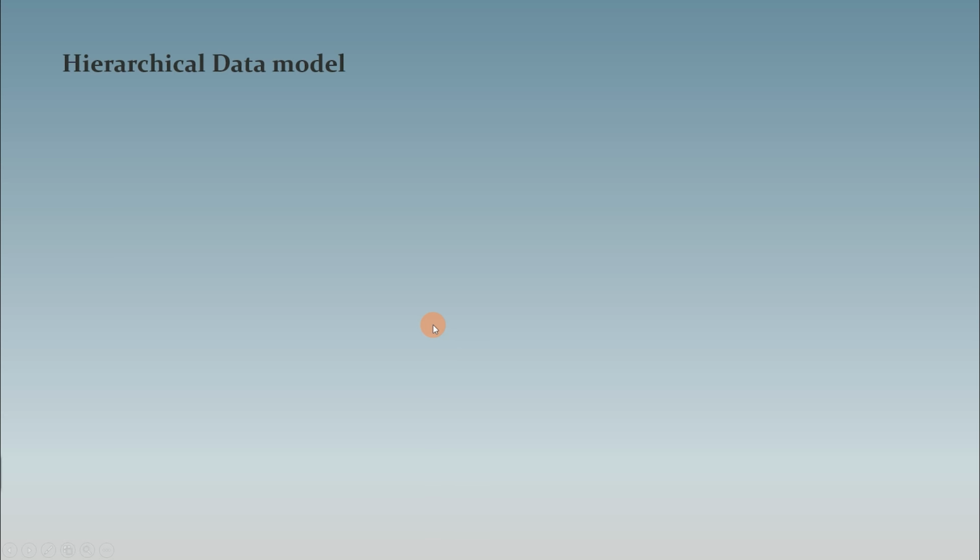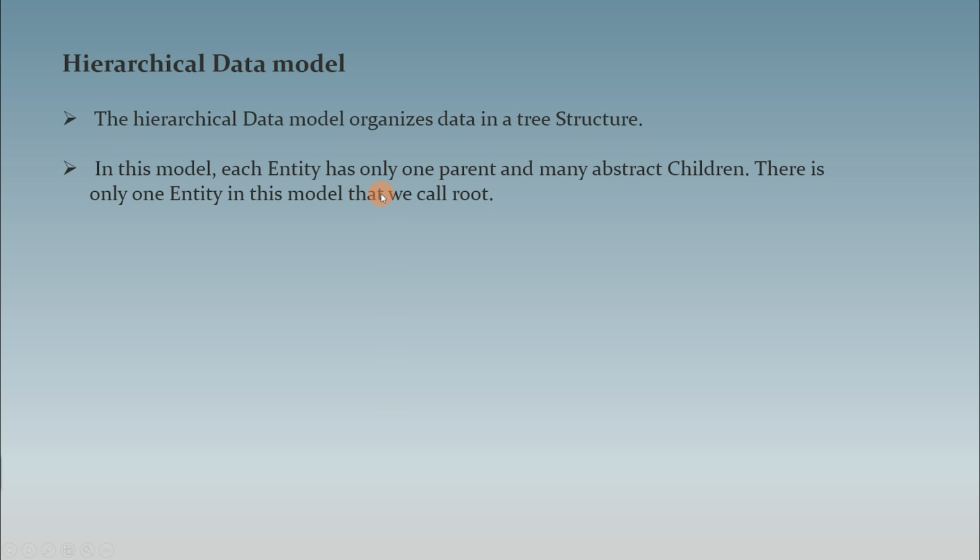Now, the hierarchical data model. The hierarchical data model organizes data in a tree structure. In this model, each entity has only one parent and many children. There is only one entity in this model that we call the root. So hierarchical has only one parent, network could have many parents, and relational has tables.